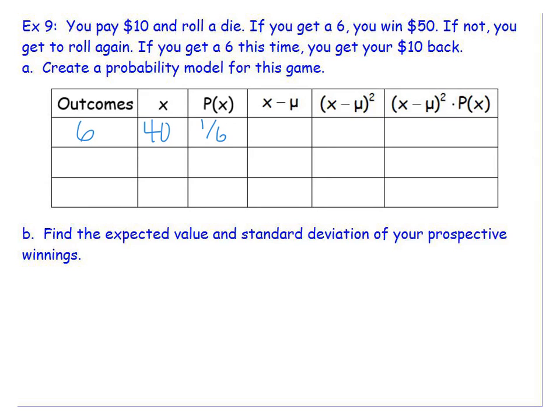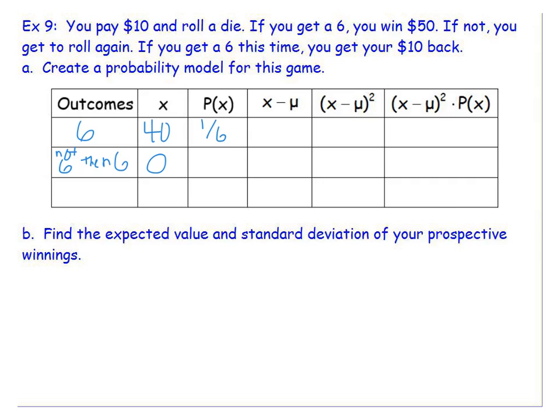Well, what's the next best situation? Next best situation, you do not roll a 6, then you roll a 6. In that case, you paid them $10. They give you your $10 back. How much did you actually make? Nothing. What's the probability here? Well, we got to do some thinking.